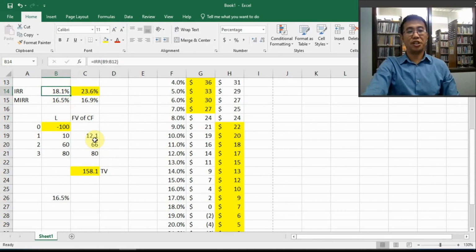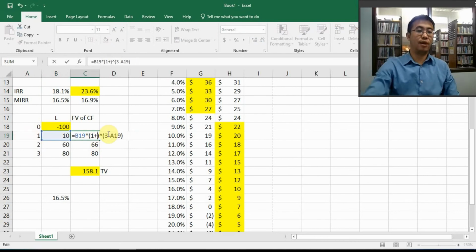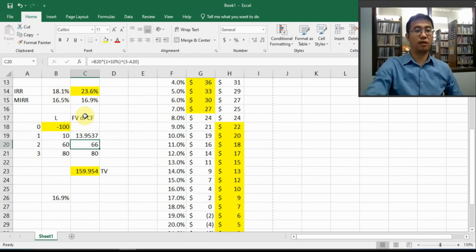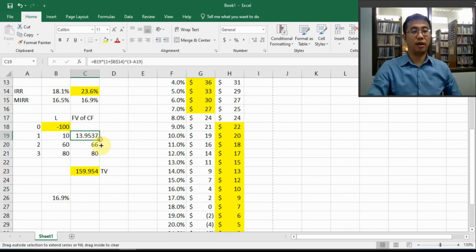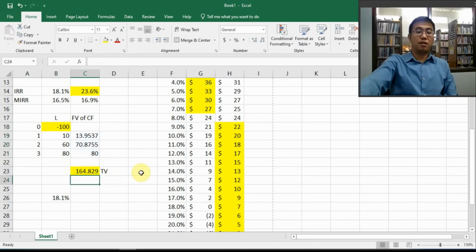But if you use 18.1% as the reinvestment rate here, let me just replace the number. Use 18.1%, lock it, and then I drag it all the way down. You can see that my future value for each cash flow gets inflated, which I really am not getting if I'm a realistic person. And the terminal value would get larger.